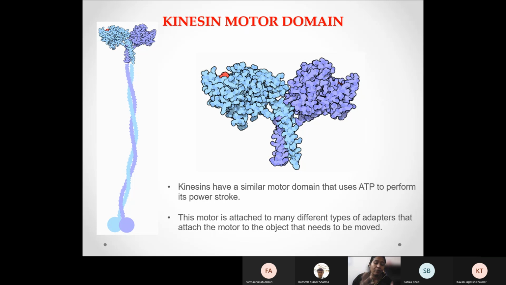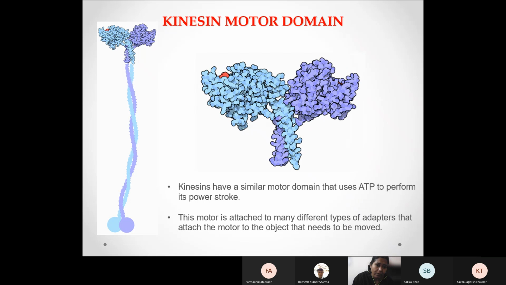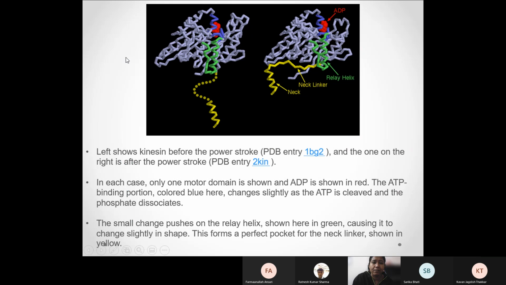Similarly, here you have the ATP binding and ATP hydrolysis activity, everything residing in this motor head. Now, after this motor head, you have a region called the neck linker region. So this is the neck linker region.